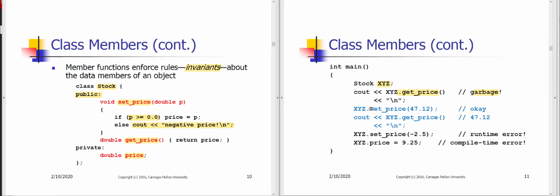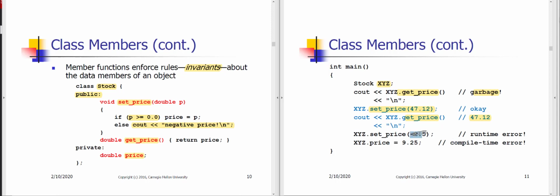Now I'm going to set the price. I say XYZ.setPrice, and because 47.12 is greater than or equal to 0, the price data member is going to get that value, 47.12. Consequently, when I get the price again, I will get 47.12 rather than garbage.